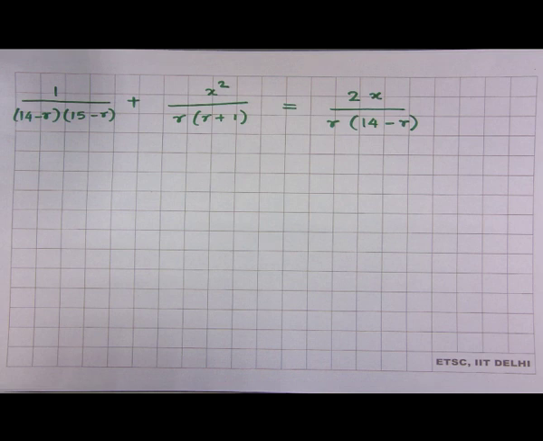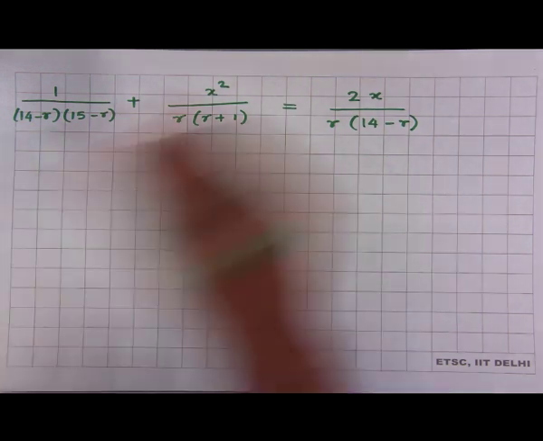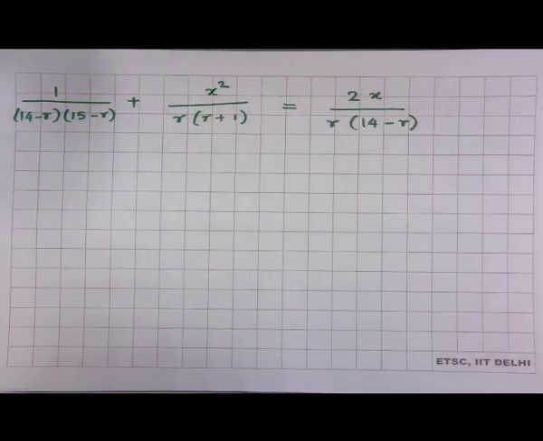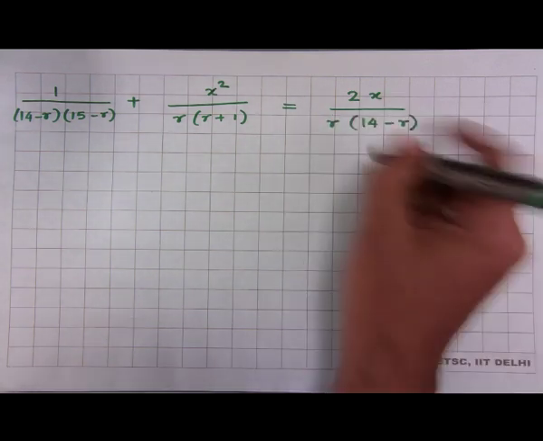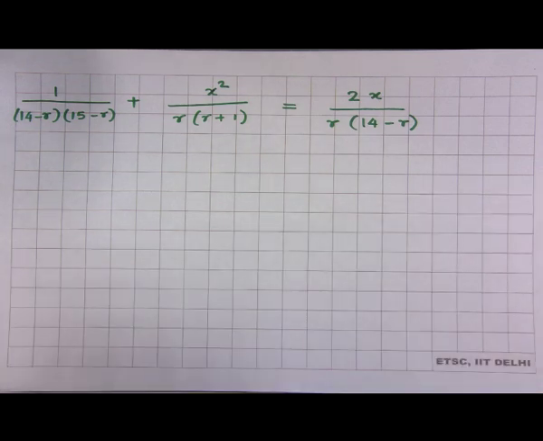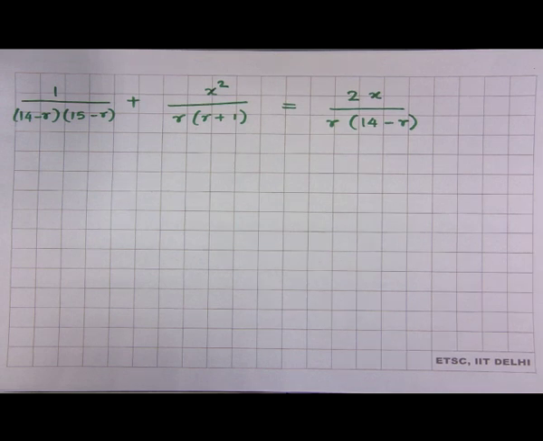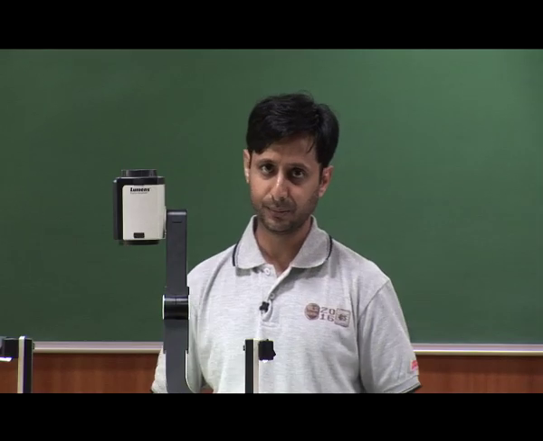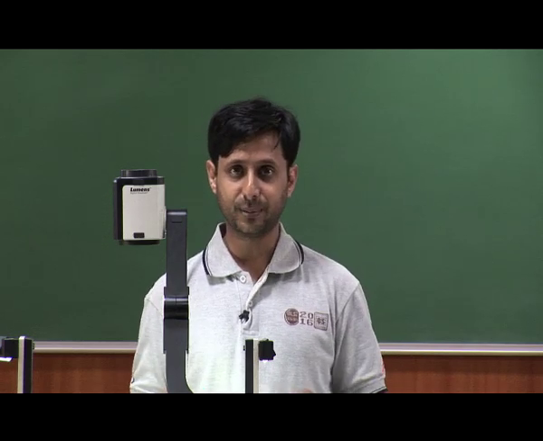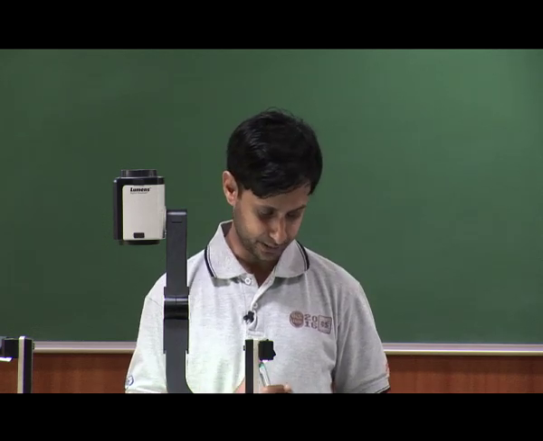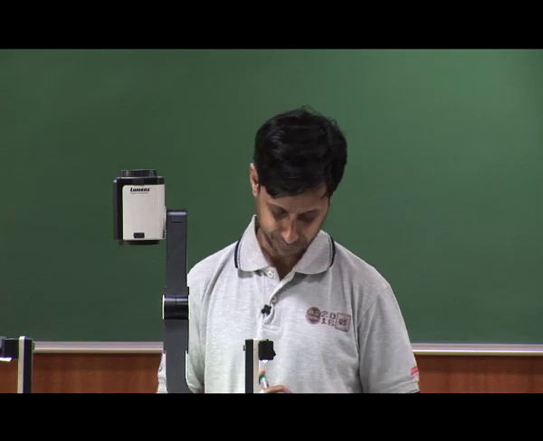And now you have to solve for r. Okay. So, hopefully you can do it, multiply by 14 minus r maybe. I am going to leave you to solve the rest of this, because this is a straightforward application of algebra. So, we are not going to pursue this any further.